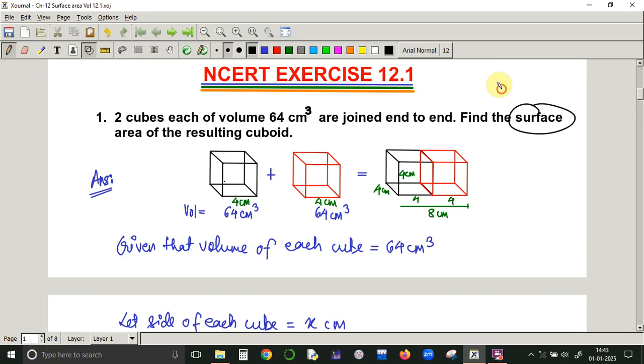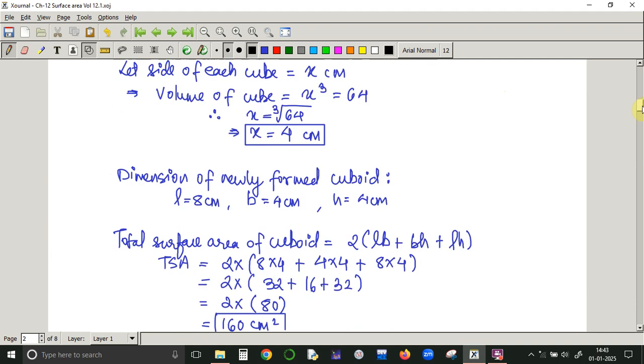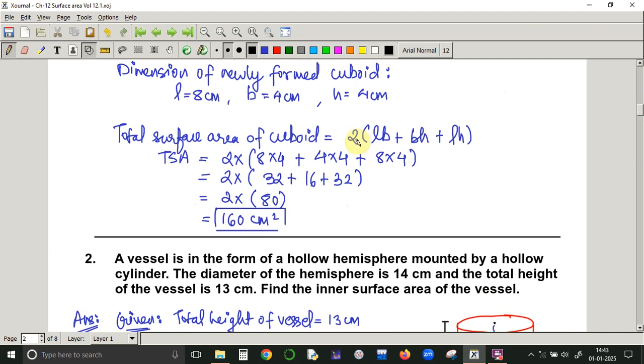So here the surface area is nothing but total surface area. So it's a cuboid. Total surface area of a cuboid is 2 times in bracket LB plus BH plus LH. You just need to plug the numbers at the places and simplify it. You will get 160 centimeter square.